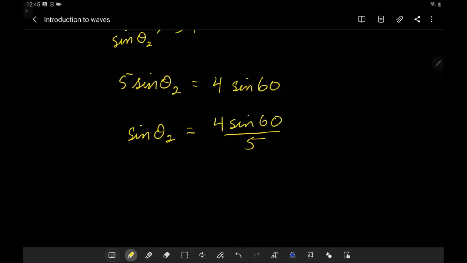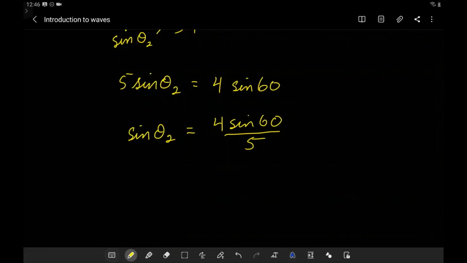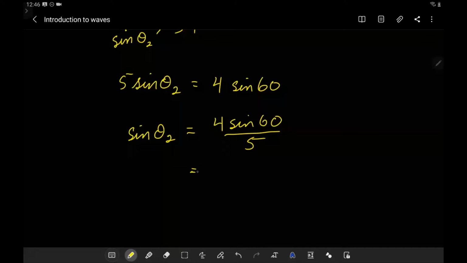Can anybody give me that value? 4 sine 60 over 5. I'll take 3 decimal places. 0.693.